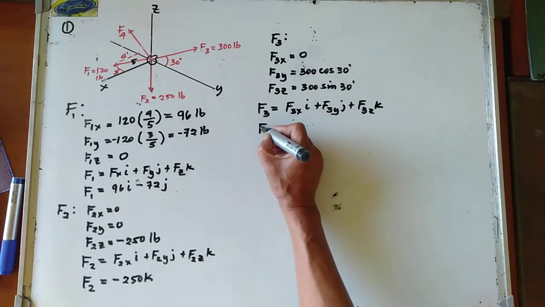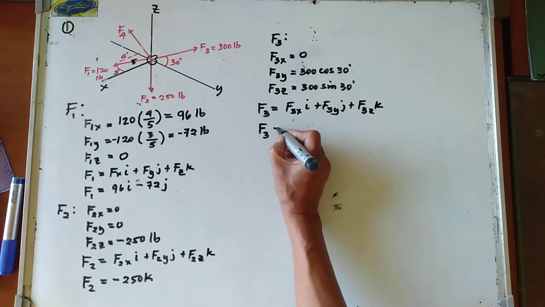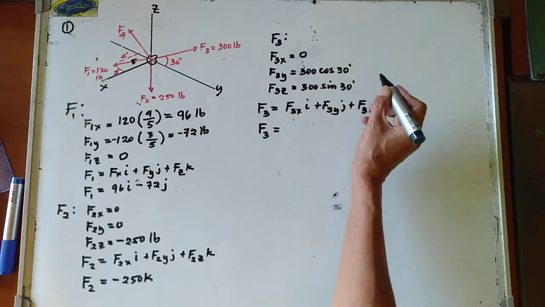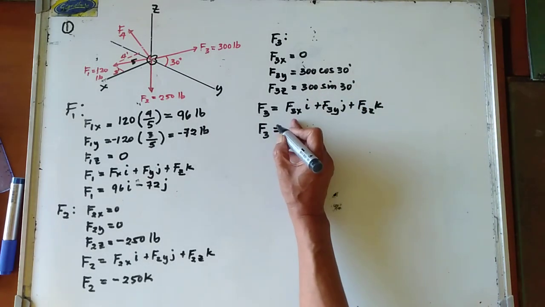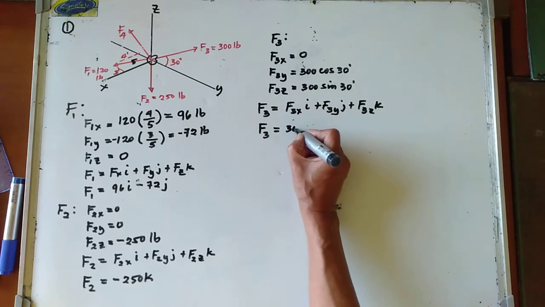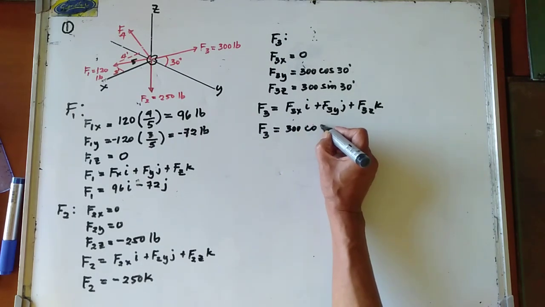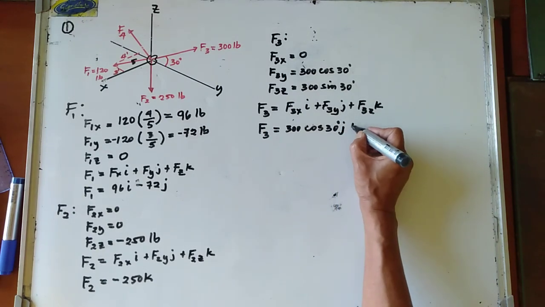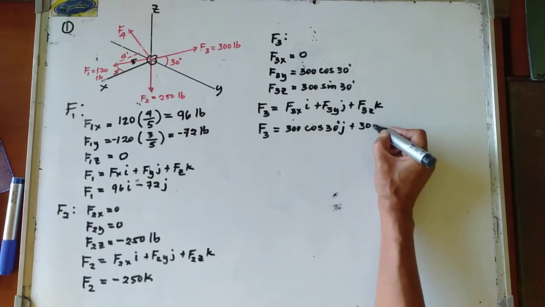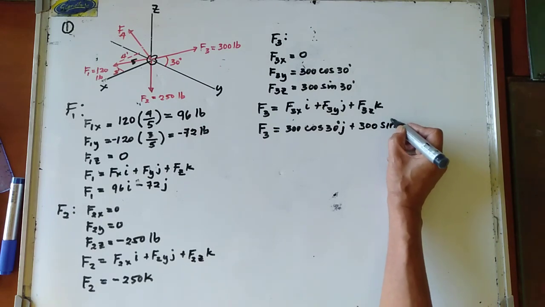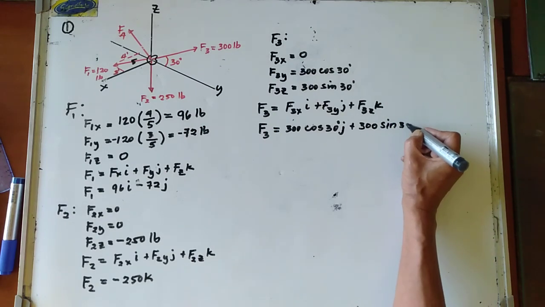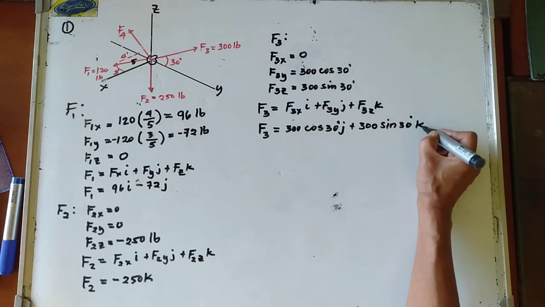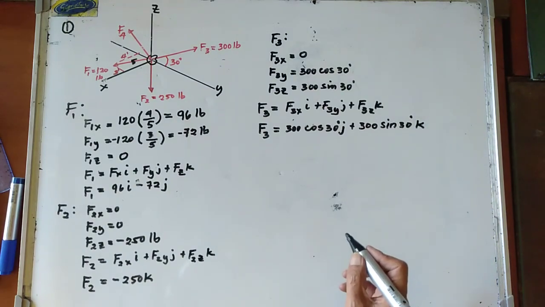So in Cartesian vector form, F3 is now equal to 0 i, plus 300 cosine of 30 degrees j plus 300 sine of 30 degrees k. So that is now your F3.